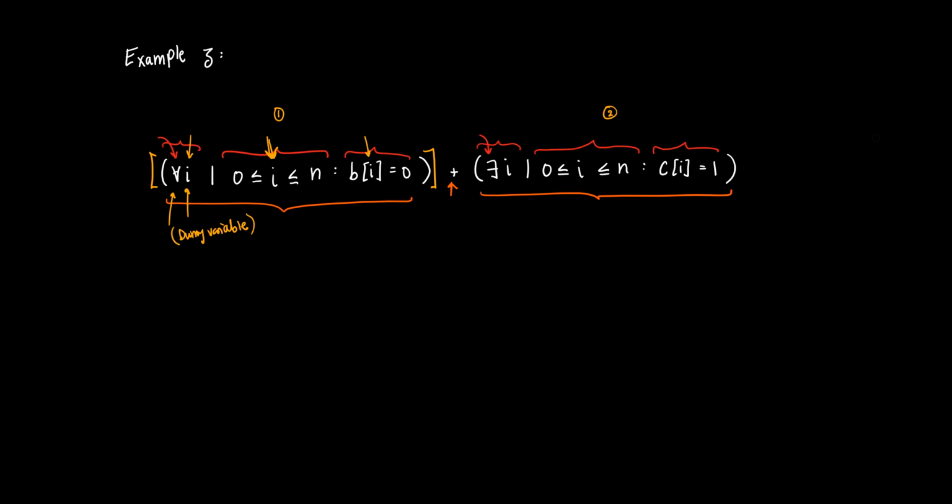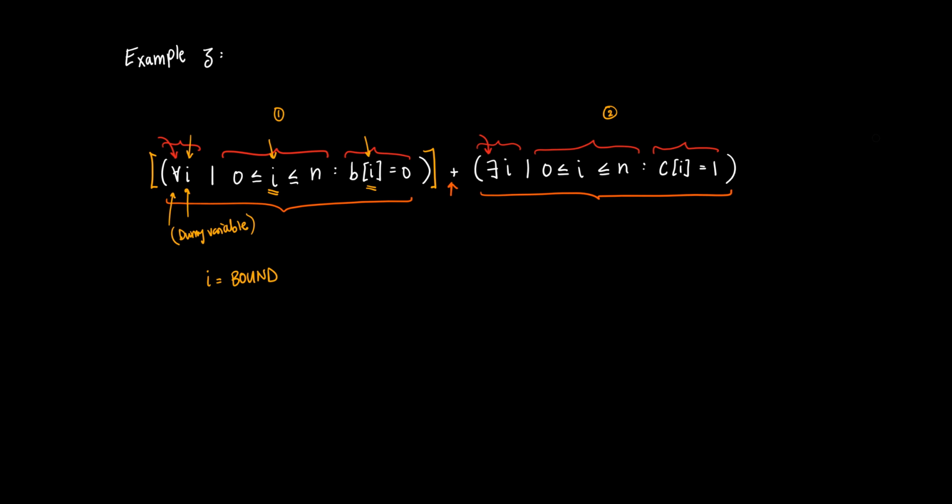I appears right next to the universal quantifier, which means that I is a dummy variable, and all other occurrences of I within the expression are going to be bound to dummy variable I. So that means that this I is bound to dummy variable I, and by a very similar process, we can deduce that this I is also bound to dummy variable I. So in our first quantification, we can deduce that I is bound to the dummy variable I.